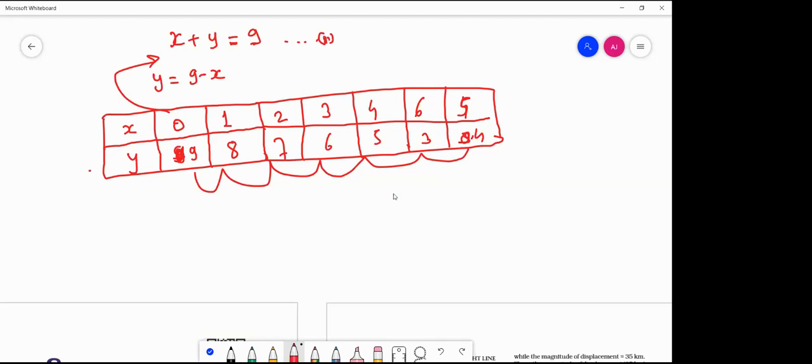Second definition, solution of an equation.